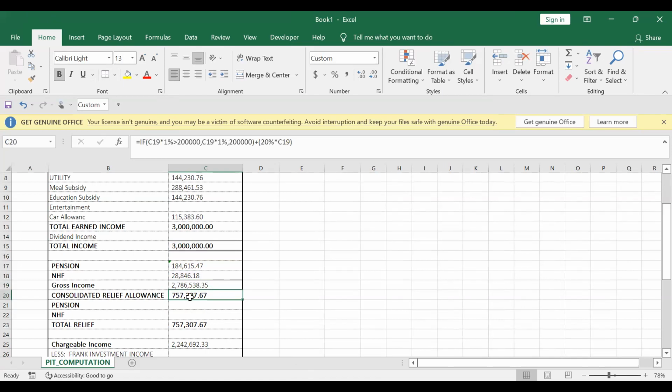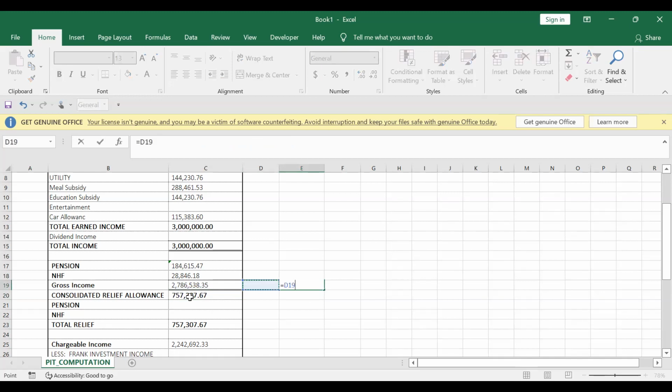Remember, the law is the higher of 20% and 1% of the annual income, plus the 200,000. So I'll put this into programming here, right? So we can actually put that to test to be sure that it is correct.